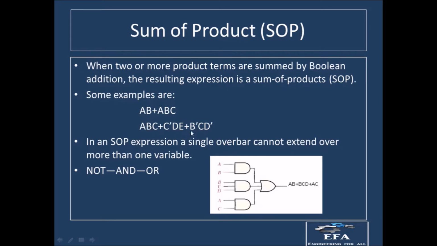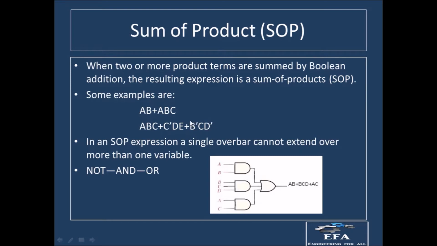Whenever we have an equation where product terms are added to each other, that type of expression is known as an SOP expression. Now in this SOP expression, you can see that we have some complements: D complement, B complement and C complement. All these complements are on individual variables, not on a complete term.